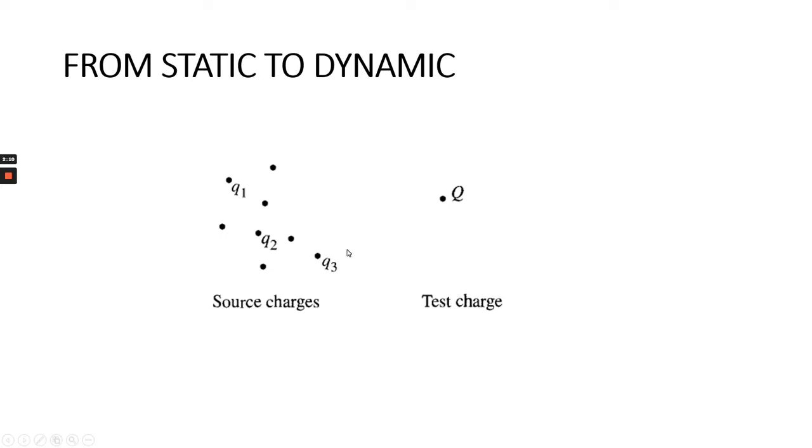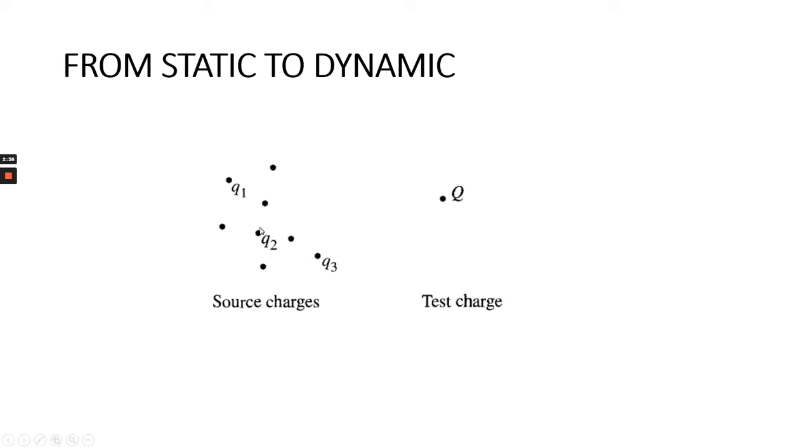And we can do this by virtue of the superposition principle, wherein if we want to find the total force exerted by these source charges on test charge Q, all we have to do is calculate the individual force contributed by each charge. Okay, so we have to sum all of those.